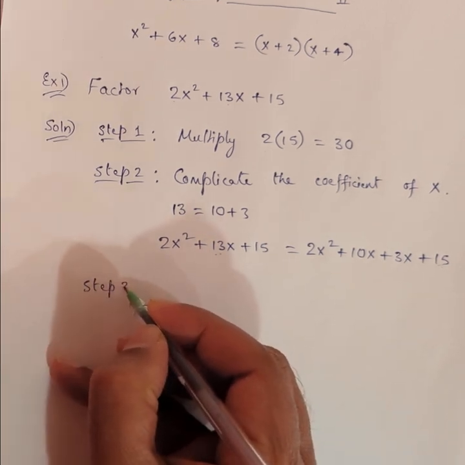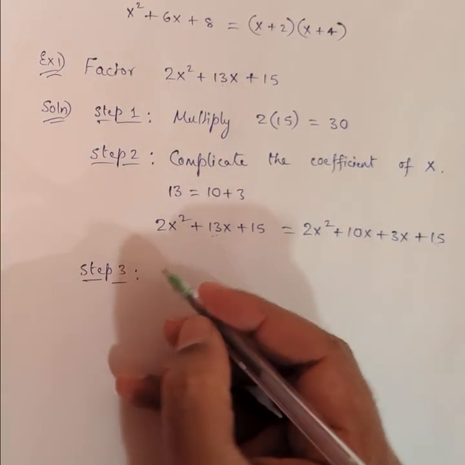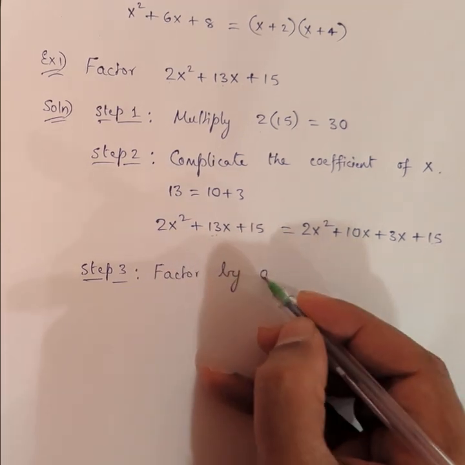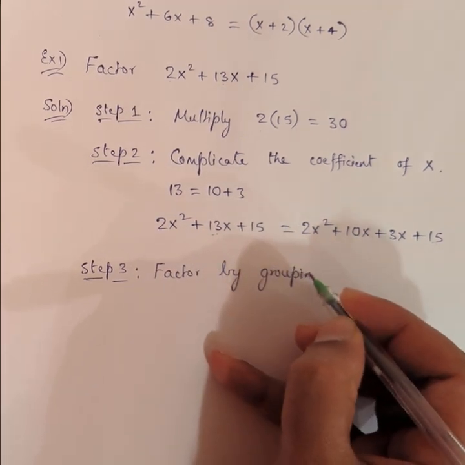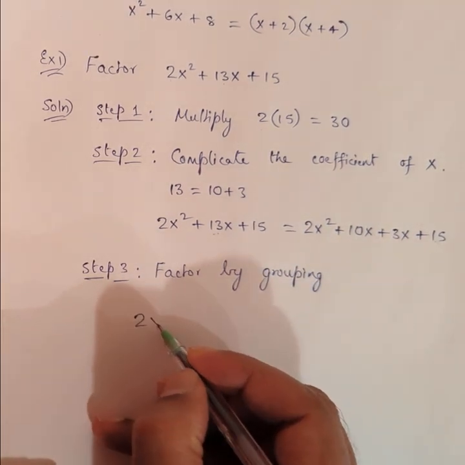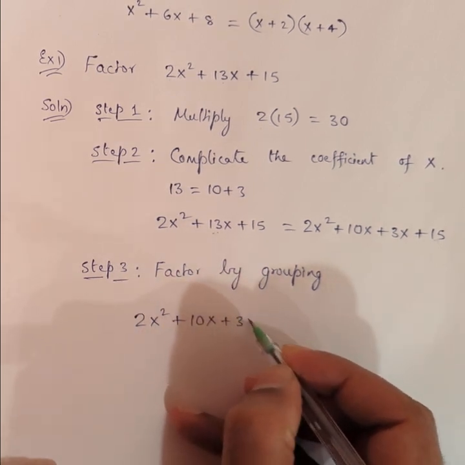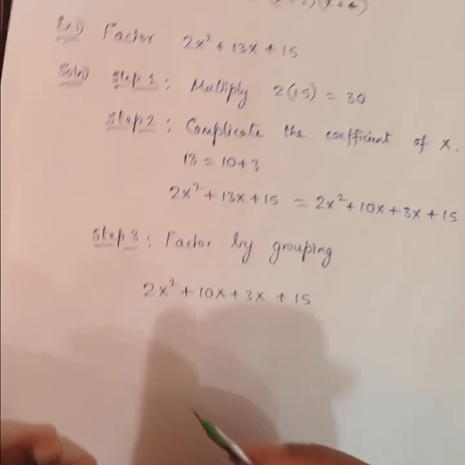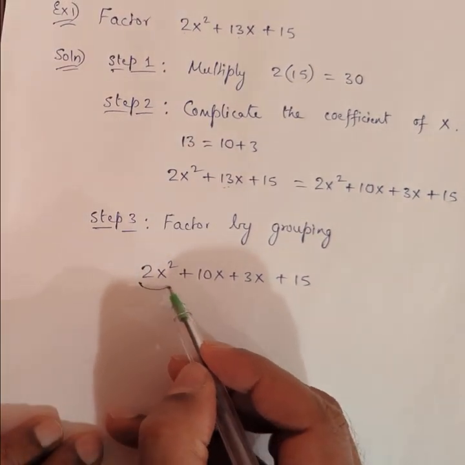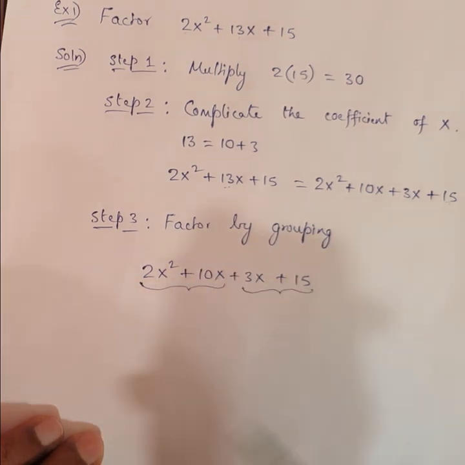In step 3, you are going to factor by grouping. Now, let me explain what I mean by that. So now you have 4 terms, 2x squared plus 10x plus 3x plus 15. You split it into 2 groups. The first group consists of the first 2 terms, and the next group consists of the next 2 terms.